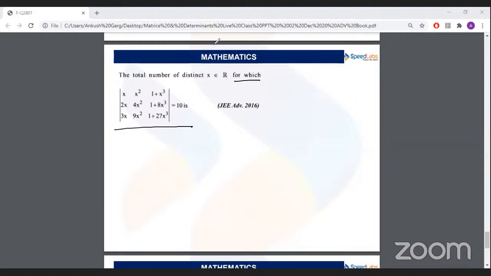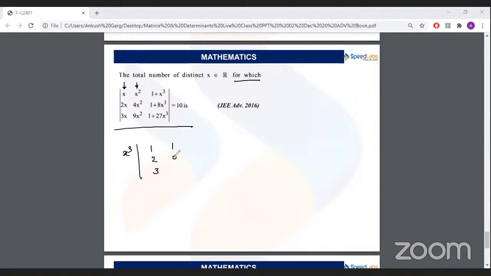So how to solve this one? I think you can clearly see I can take x and x square common from this one. So that will be x into x square, that will be x cube. X cube will come common.